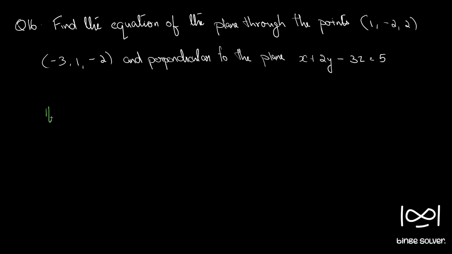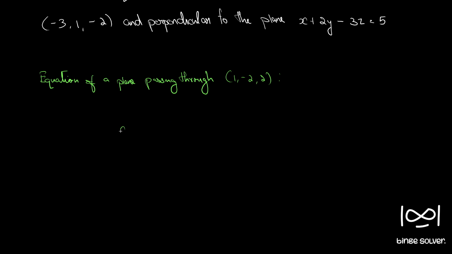The equation of a plane passing through (1, -2, 2) can be written as a(x - 1) + b(y + 2) + c(z - 2) = 0.